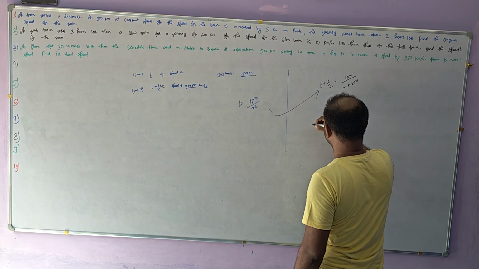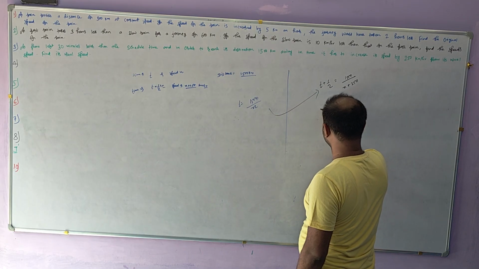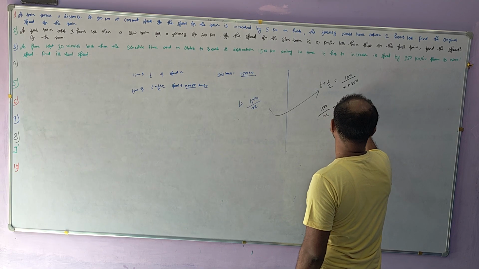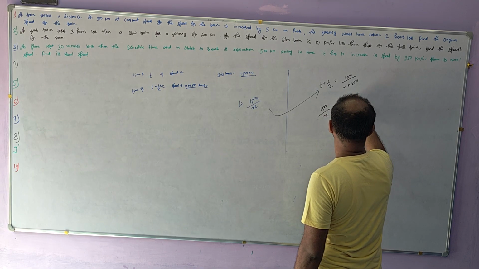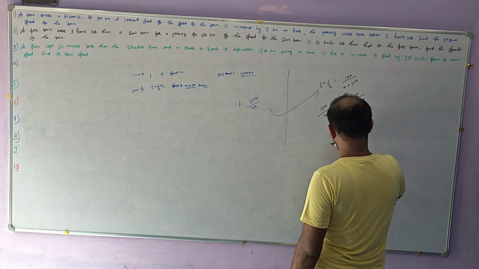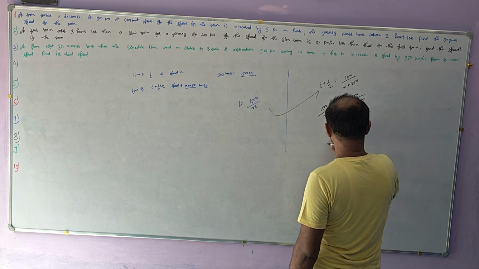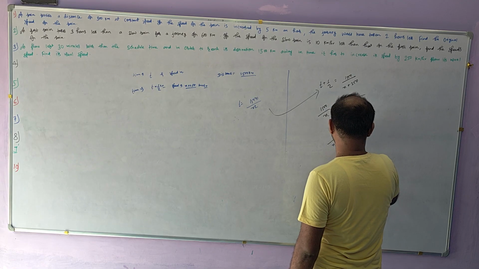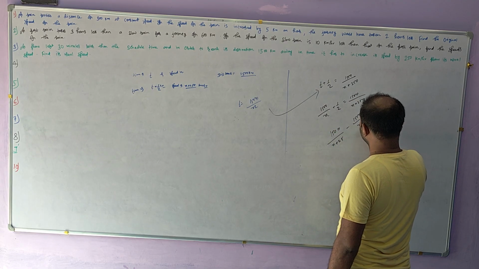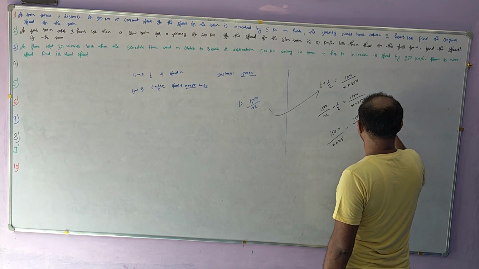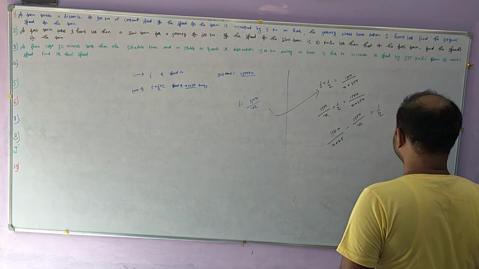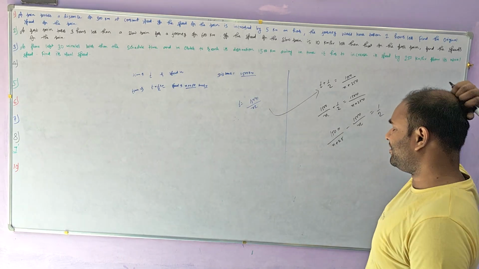So we directly put t equal to this. So 1500 upon x is equal to 1500 upon x plus 250 plus half. When we transfer this side, 1500 upon x minus 1500 upon x plus 250 is equal to half. When we solve this, we get a result of x, and that is our speed.